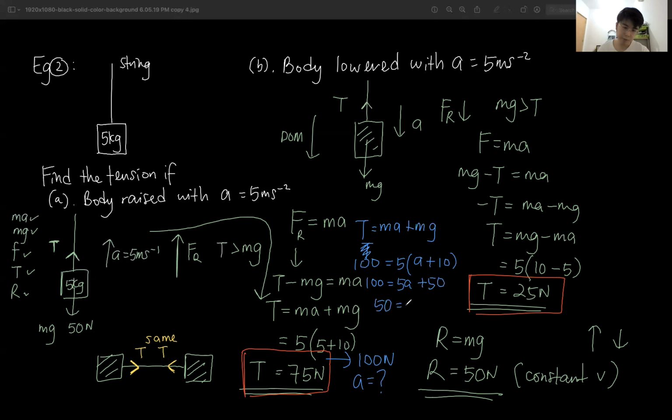So 50 equals 5a. a is 10 meters per second squared. So this is the maximum acceleration it can go before the string fails. Anything higher than that, the string snaps.